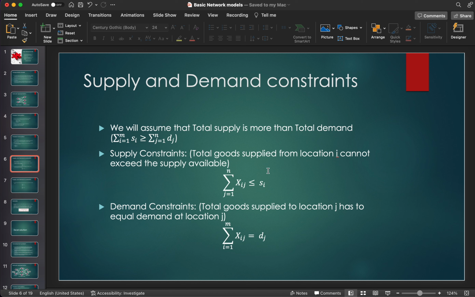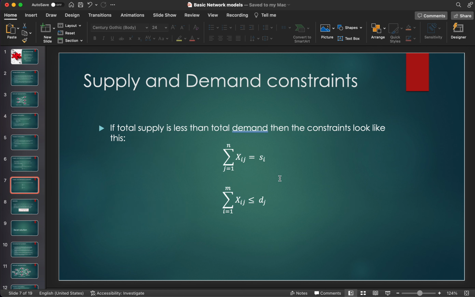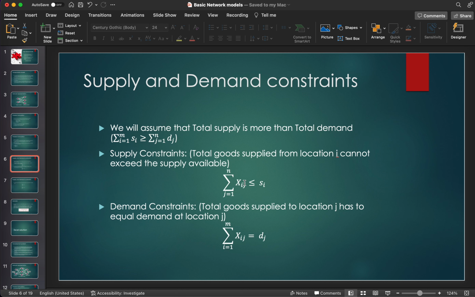Now, whichever is more, if total demand were more than total supply, right? So if total demand were more than total supply, then demand constraints will be less than or equal to, and supply constraints will be equal to, right? So which side you put the equal to depends upon which side is more.